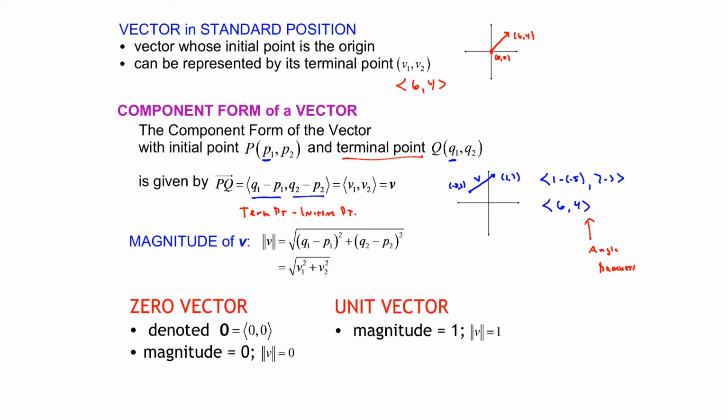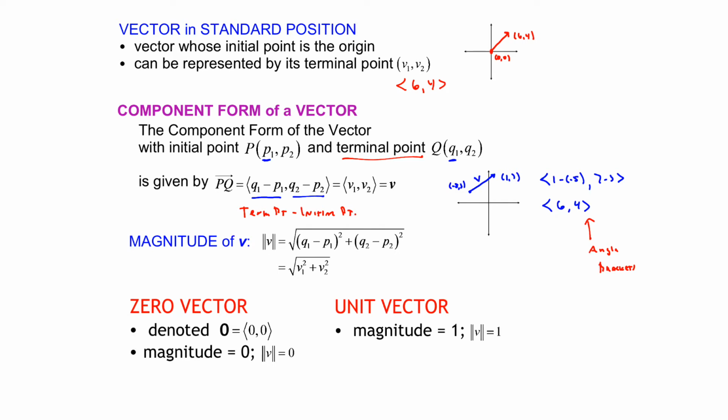The magnitude of vector v in component form: you subtract your x-coordinates, q sub 1 minus p sub 1, and square it, plus q sub 2 minus p sub 2 squared, and then take the square root. So that's v sub 1 squared plus v sub 2 squared, and then the square root of that, still using the distance formula.